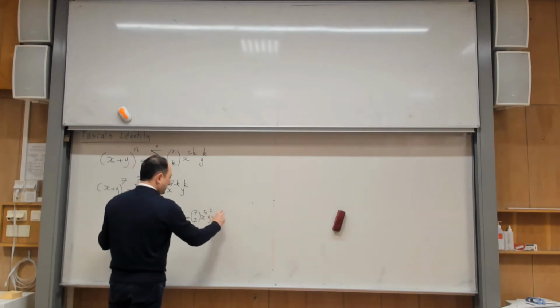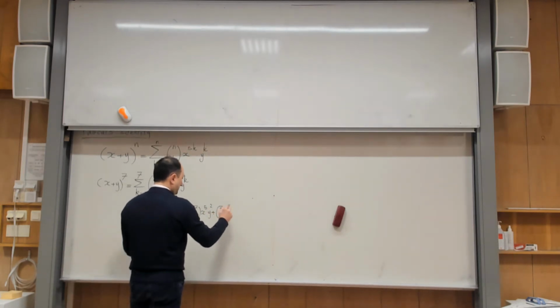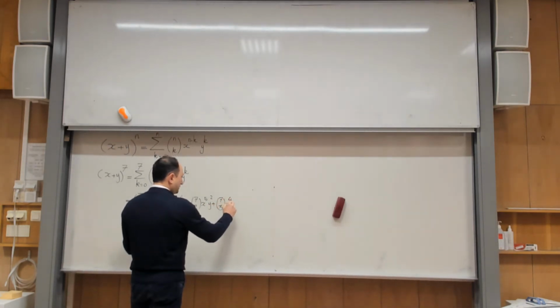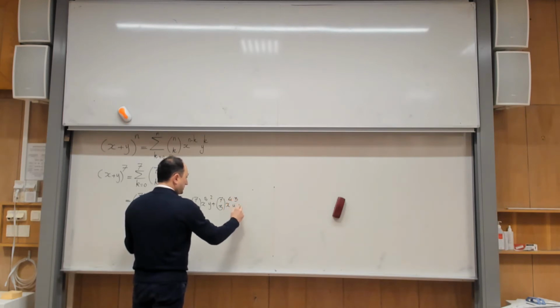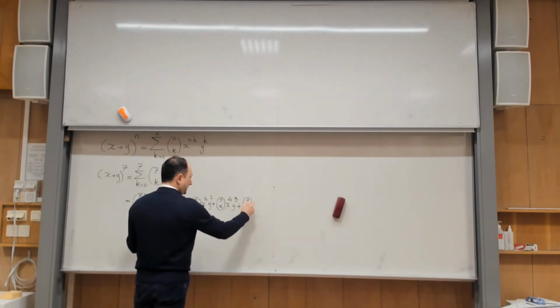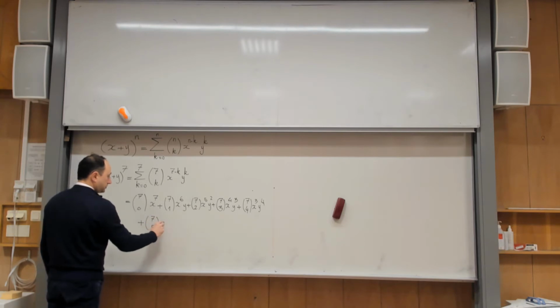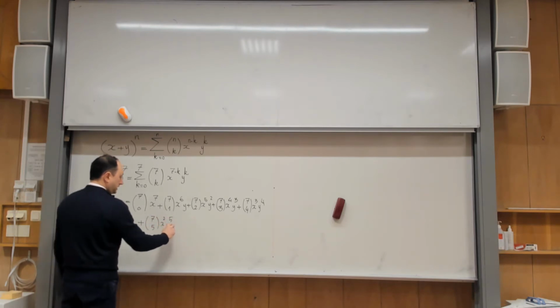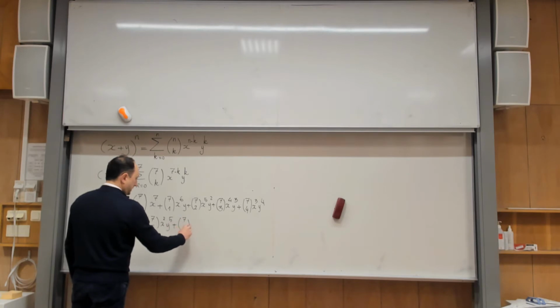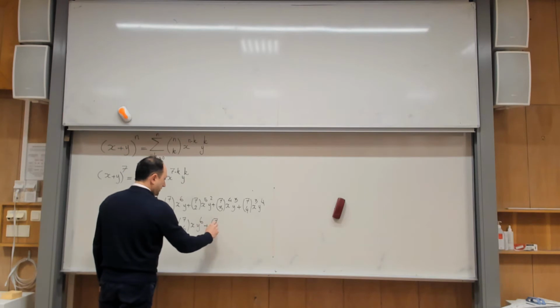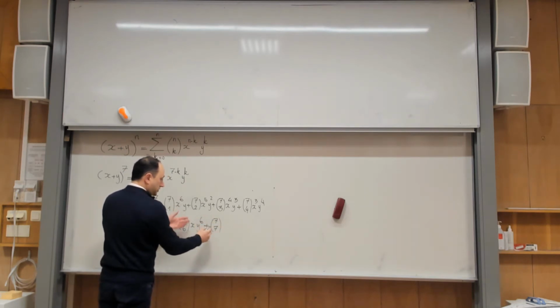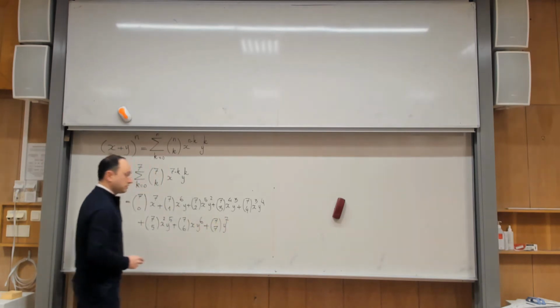The next one, 7 choose 3, x to the power of 4, y cubed, and then plus 7 choose 4, x to the power of 3, y to the 4, plus 7 choose 5, x to the power of 2, y to the power of 5, 7 choose 6, x to the power of 1, y to the power of 6, and then finally 7 choose 7, x to the power of 0, which I don't write, y to the power of 7.